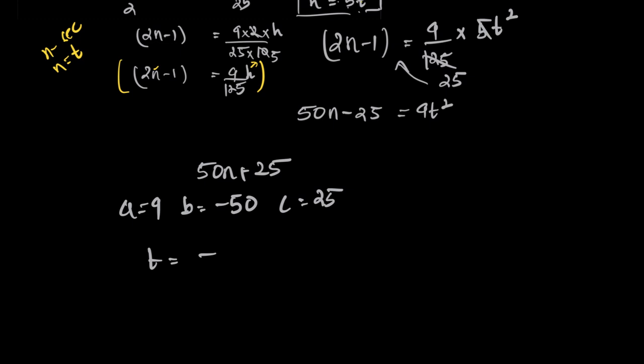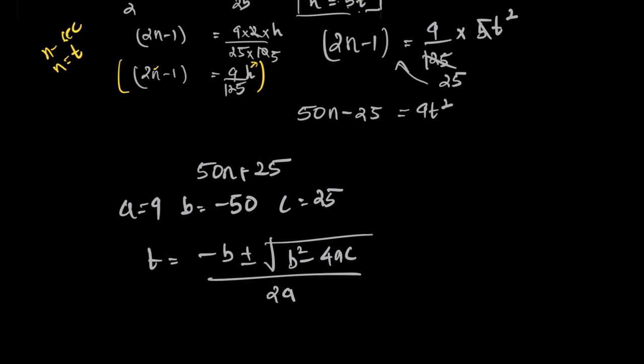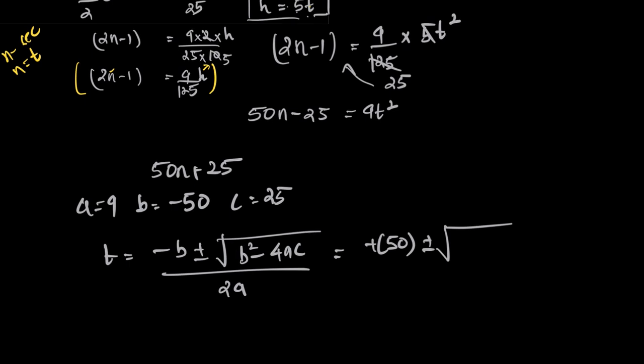t is equal to minus b plus or minus root of b square minus 4ac the whole upon 2a. What is minus b? Minus b is minus 50, so that becomes plus 50 plus or minus root of, what is b square? b square would be 2500 minus 4ac. What is 4ac? a is 9, c is 25, 25 into 4 is 100, 100 into 9 is 900.